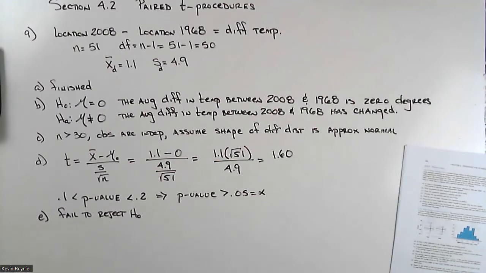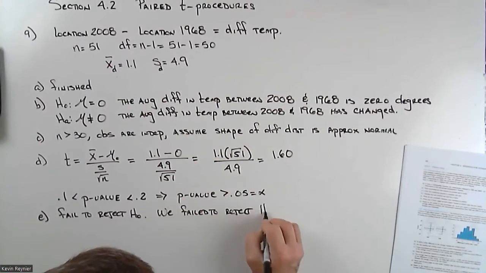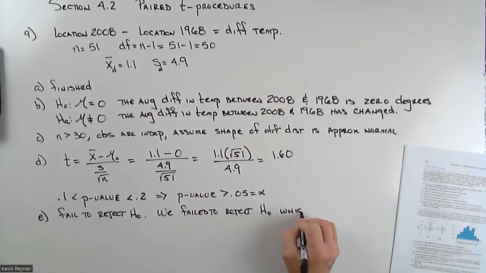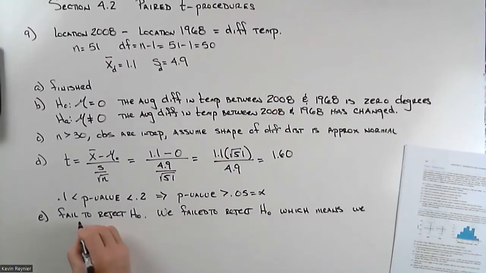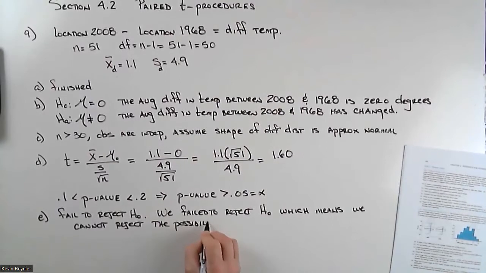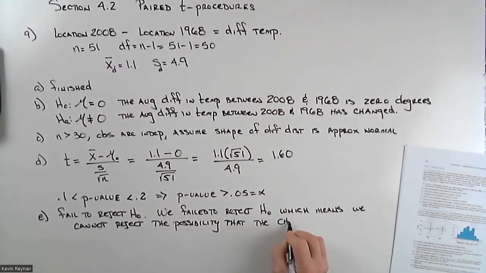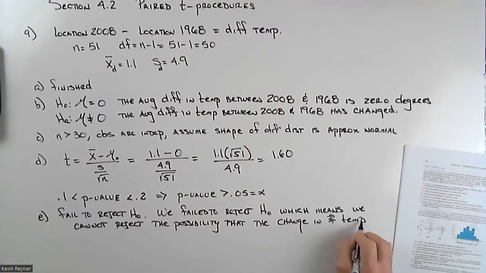And it says, what do you conclude? Interpret your conclusion in the context of the problem. So we are going to say, we failed to reject H naught, which means we cannot reject the possibility that the change in temperature was 0.